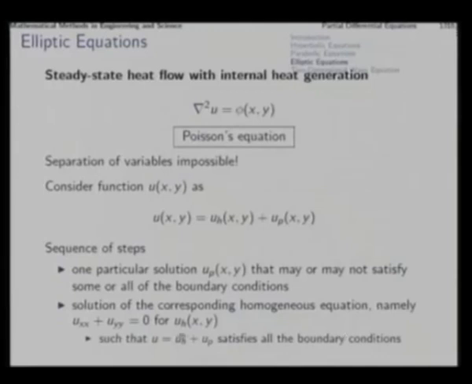Then UH plus UP together, this proposal satisfies the boundary condition, and UH satisfies del 2u equal to 0 and UP satisfies del 2u equal to phi, and that means the sum will satisfy del 2u equal to phi.